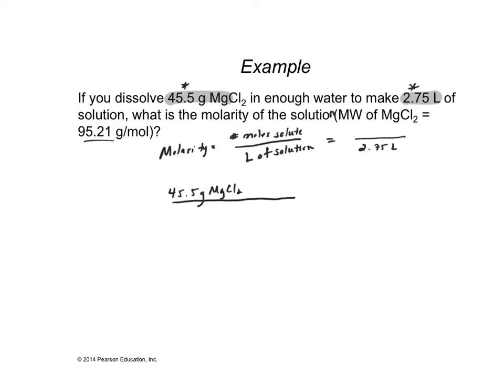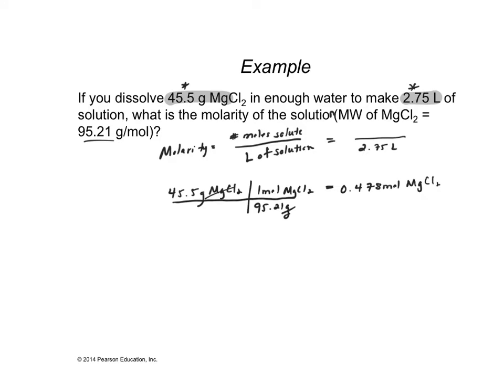We convert from grams to moles by dividing by the molar mass. For every 95.21 grams, there is 1 mole of magnesium chloride. Grams cancel, and we're left in moles. 45.5 divided by 95.21 gives us 0.478 moles of magnesium chloride.